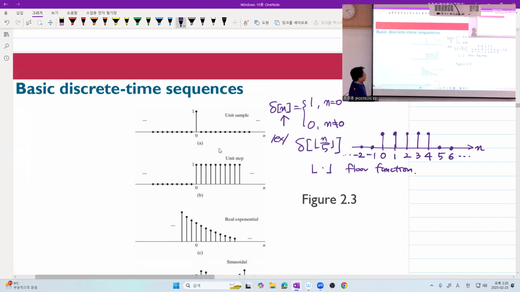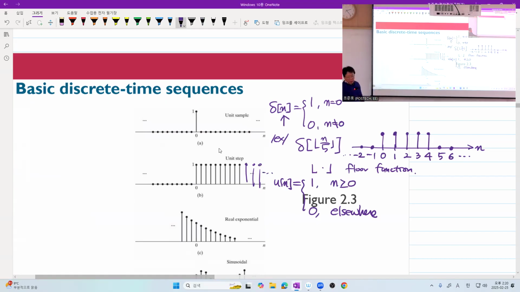Anyway, now here goes the unit step function, u of n. This has value 1 if the argument is greater than or equal to 0, and 0 otherwise. So here, be careful, we have 3 dots. Okay, so we have infinitely many of these points.